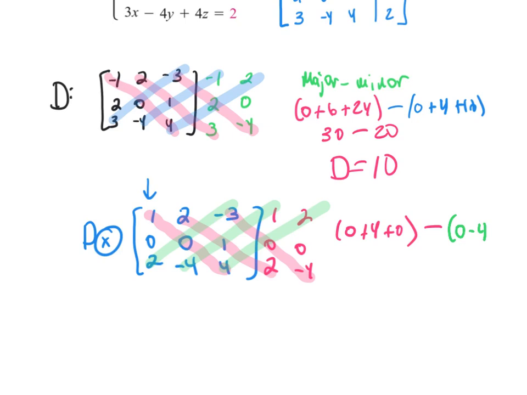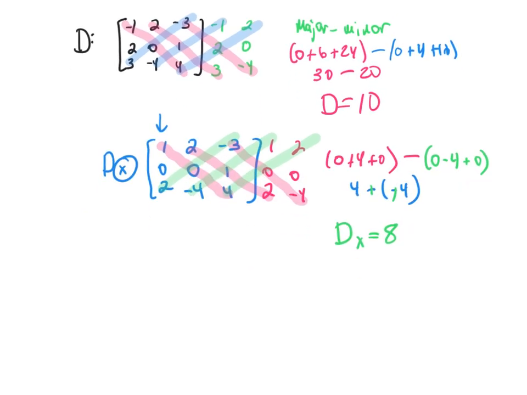Negative 4. And what is 4 times 0 times 2? 0. So 0 plus 4 plus 0 is 4 minus, what's 0 minus 4 plus 0? Negative 4. So what does this equal? D sub x equals 8. Once you guys do this a couple times, it's really simple. It's just a little tedious at the beginning.